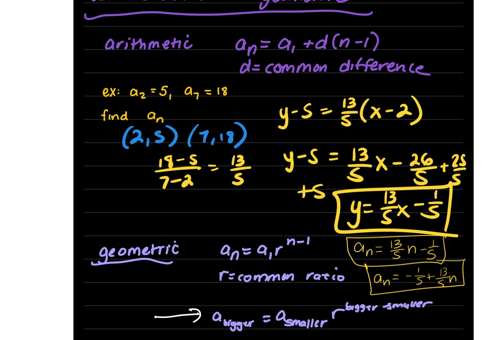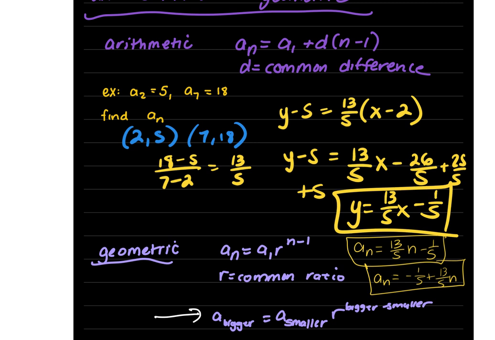So that came from here. And then I distributed. Yeah, and then I added the 5. 25 fifths. Okay. Wait, why does the negative 1/5 have to come before the 13 over 5? Why what? Is that what you're saying? These two either are good. Oh. If it says arithmetic, you have to change the variable. Okay.